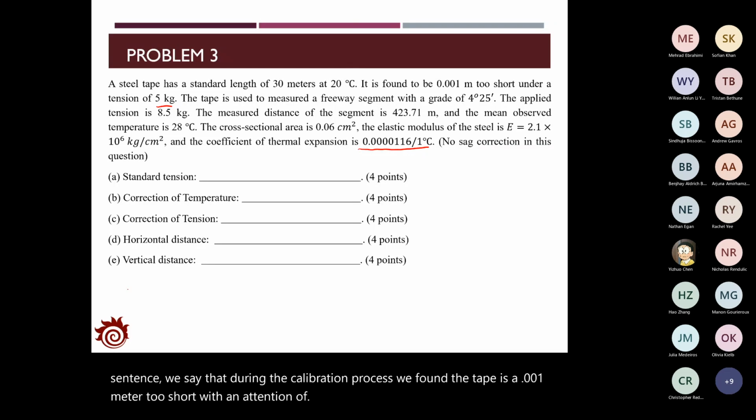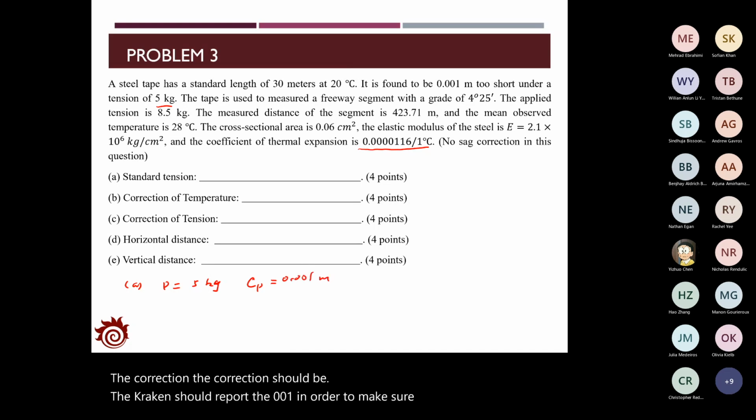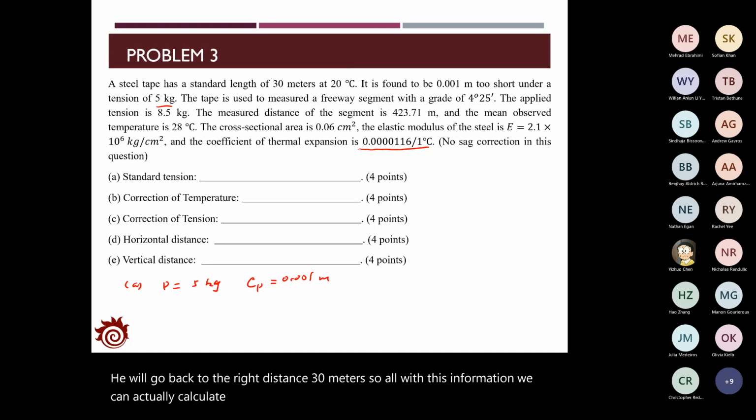It means that if we apply the tension of 5 kilograms, the correction should be 0.001 in order to make sure that it goes back to the right distance, 30 meters. With this information, we can calculate the standard tension. With that, we have to recall the definition of the correction for the tension.